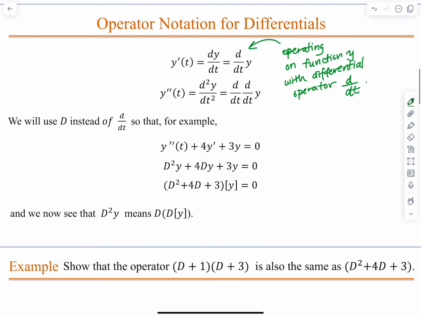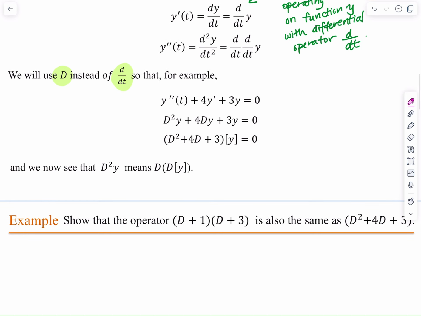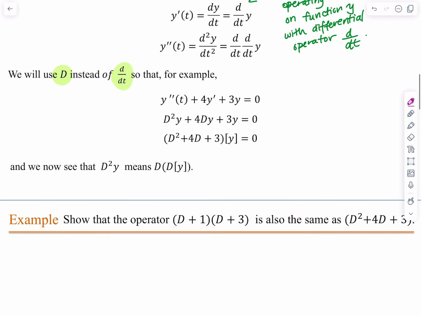So now let's take a look at using D instead of the derivative with respect to t, that operator. For example, let's take a look at this second order differential equation. We can say that D squared y, which represents the second derivative, plus 4 multiplied by Dy, the derivative of y, plus 3y is equal to 0.